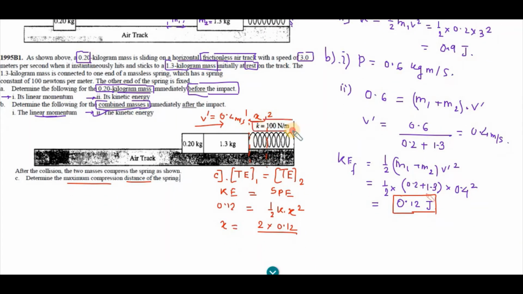If you do this calculation, it gives 0.049 meter, which means the spring is compressed by 4.9 centimeter.